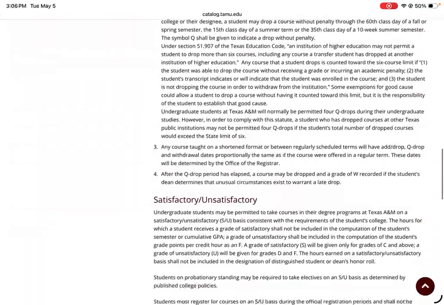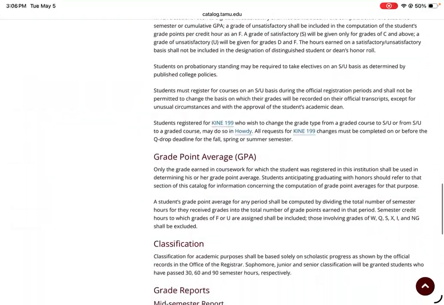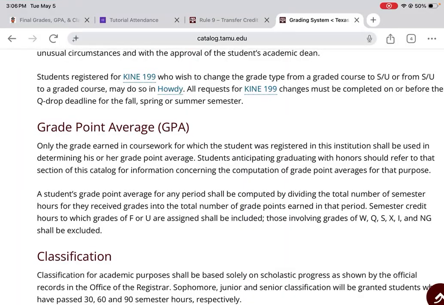So right here, under grade point average, it says only the grade earned in coursework for which the student was registered in this institution shall be used in determining his or her grade point average. So since this Emirates Physics student is not registered at Texas A&M yet, the grade they earned in Emirates Physics will not count towards the GPA.